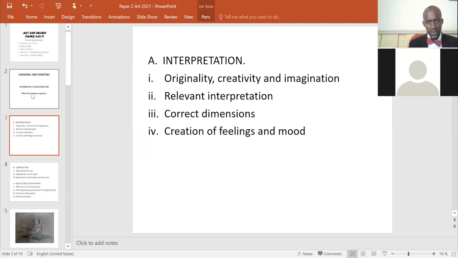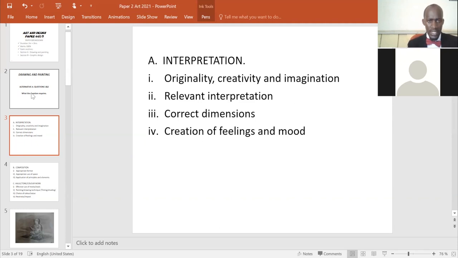How creative and how imaginative is one's work? We require the learners to be able to come up with an original idea, not one that is borrowed from somewhere or a work that has previously been done or been seen somewhere.